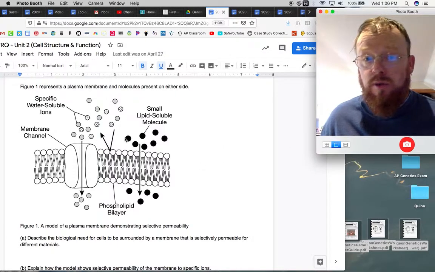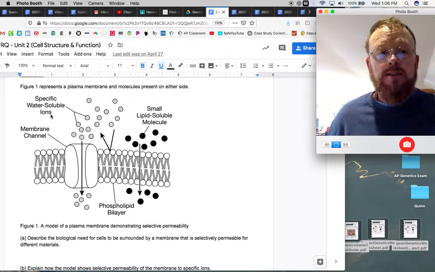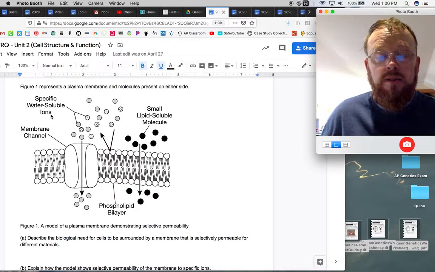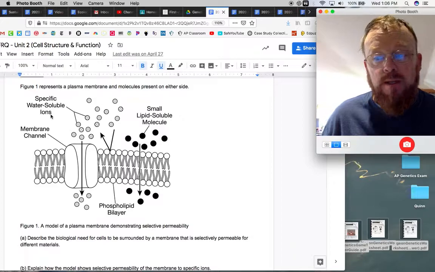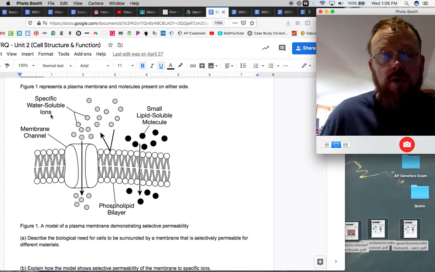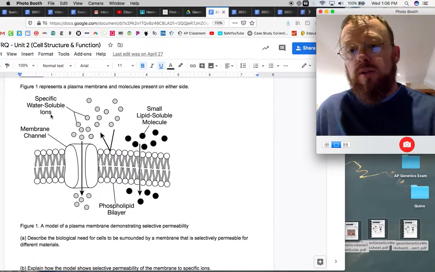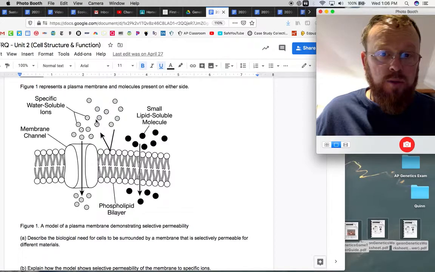We know that those are polar molecules because it says they're water soluble, right? We know water is a highly polar molecule, and if a molecule is soluble, able to be dissolved in water, that molecule itself is polar. So we know that these molecules here are polar.